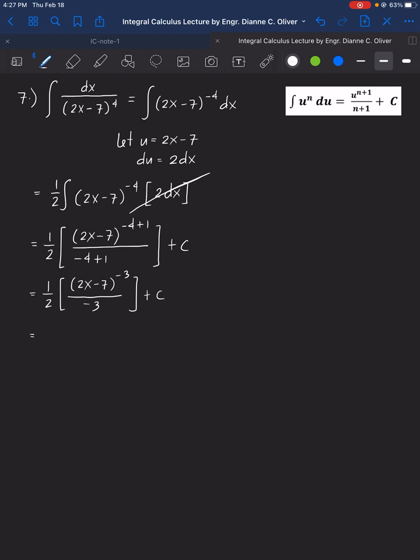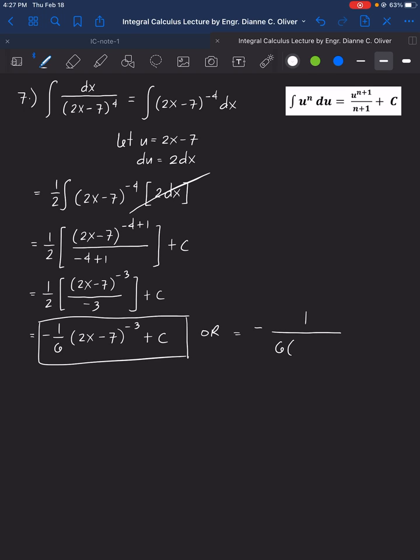So the answer here is negative 1/6 (2x - 7) raised to negative 3 + c. Or you can have the answer as negative 1 all over 6 times (2x - 7) raised to 3, + c.